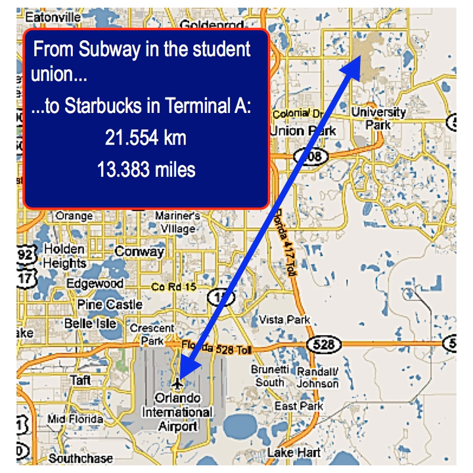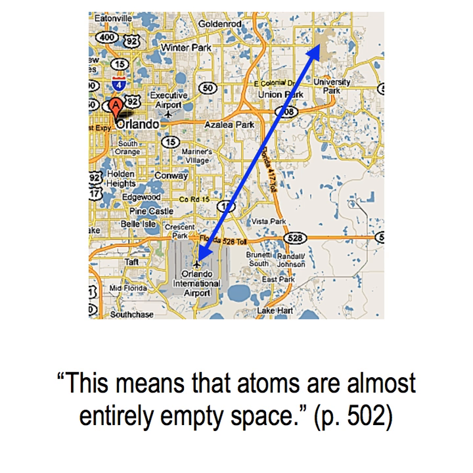So yeah, when you're saying basketball is my nucleus, my atom is basically the distance from UCF out to the airport, maybe a little bit bigger than that. All right, so the upshot is that, as the textbook authors write on page 502, this means that atoms are almost entirely empty space. And that, my wonderful students, is an amazing thing to ponder.